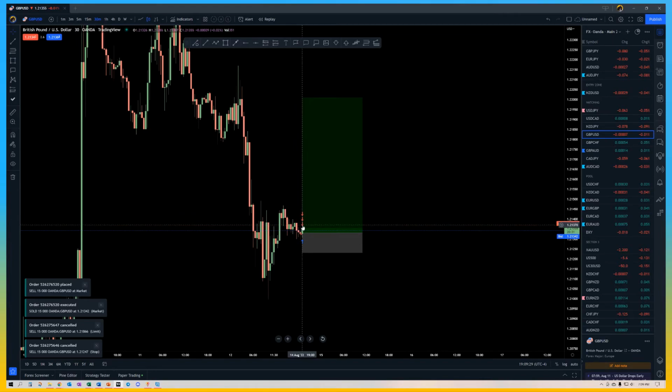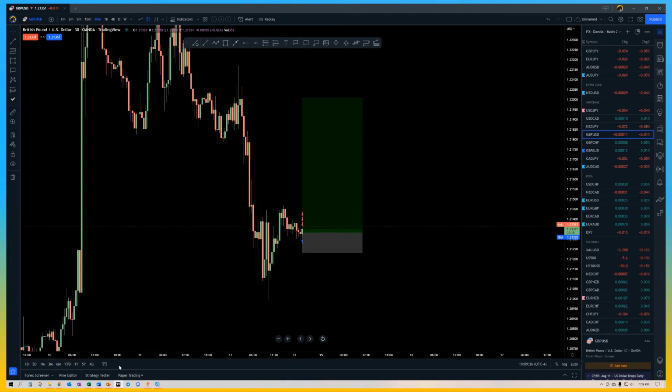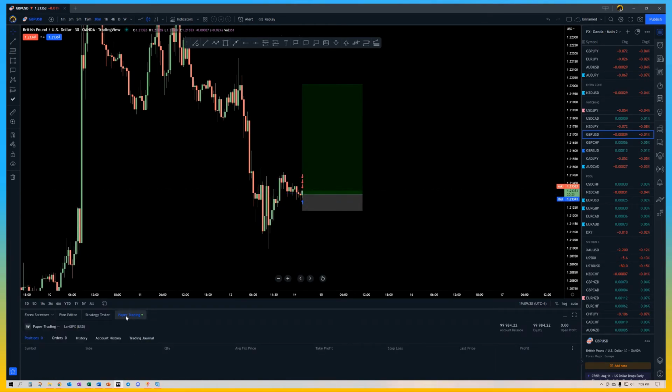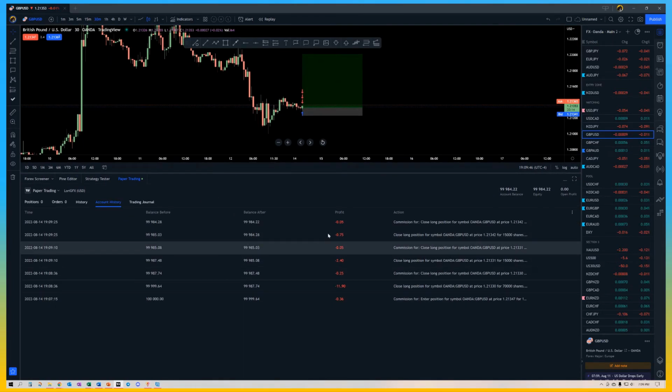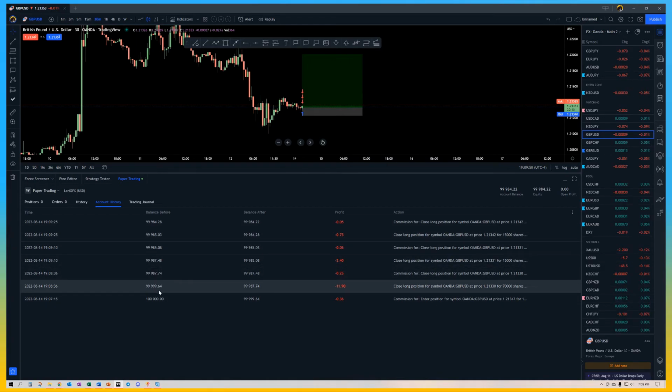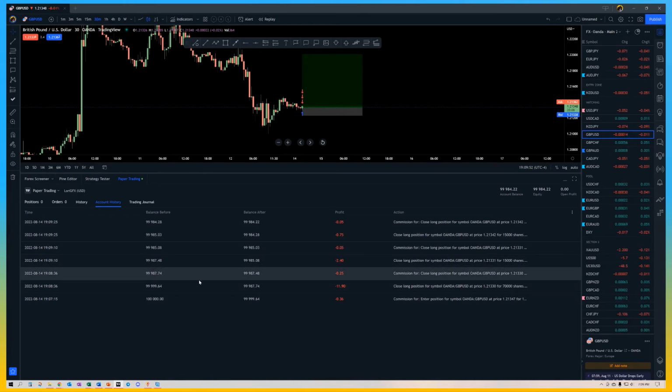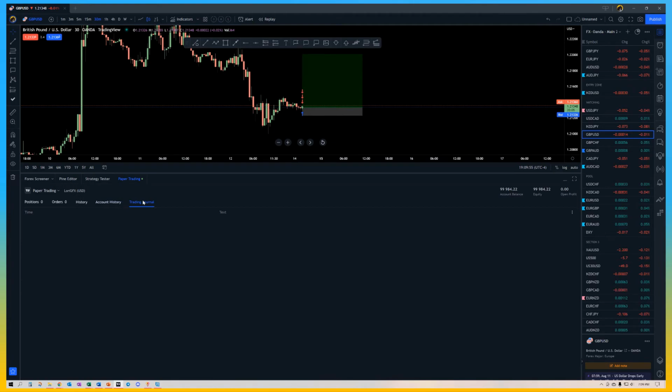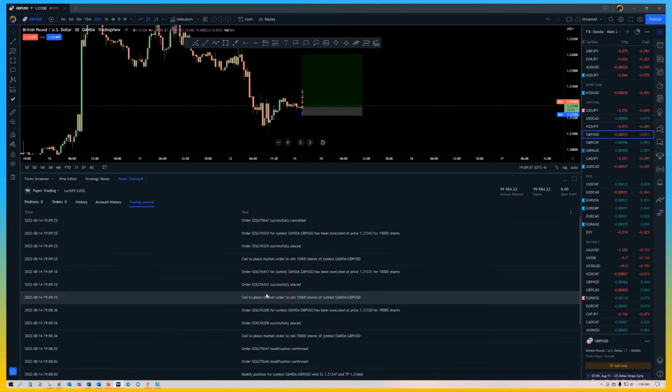And TradingView shows you where these trades were, where you have the different red arrows and blue arrows. And if you come down here to your paper trading and to your account history, I'll move this up a little bit. You can see the history of what just happened, and when you entered in, what the profit was, where you opened and closed orders.